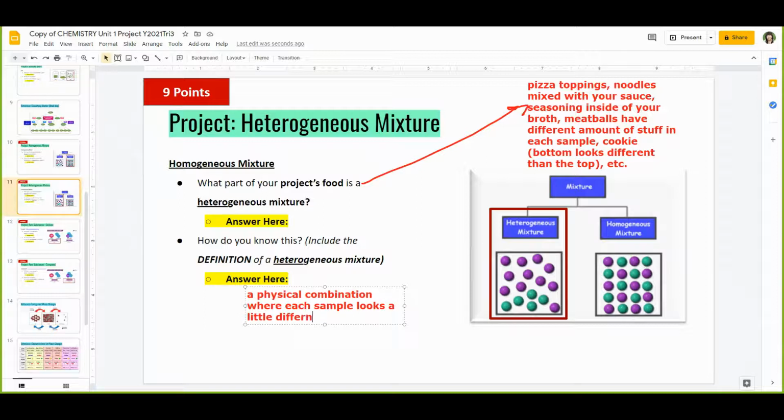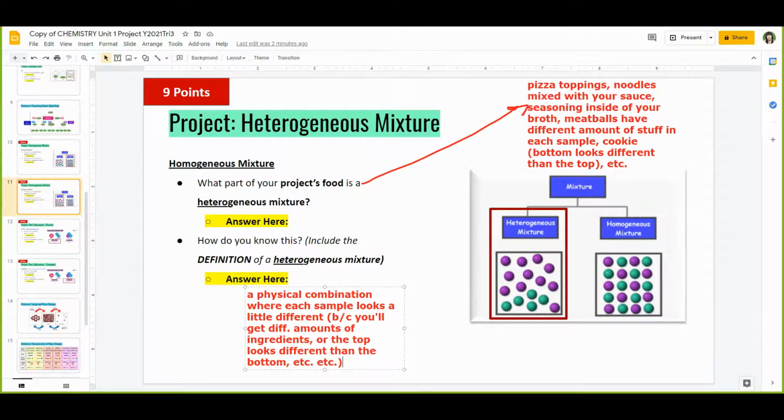And so you can talk about how each sample looks a little bit different because you'll get different amounts of ingredients, or the top looks different than the bottom, etc., etc.